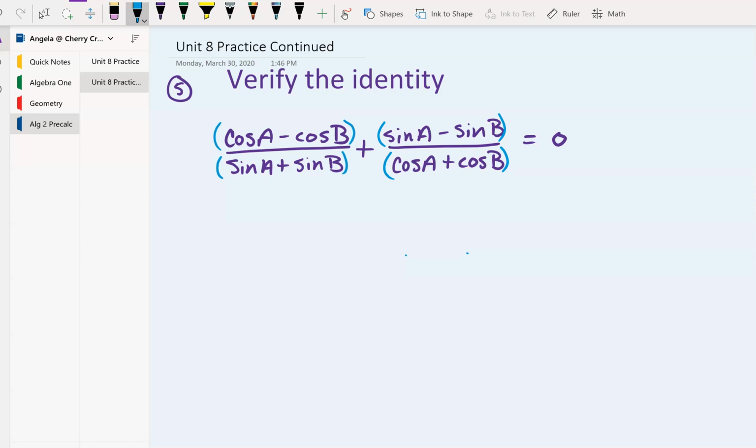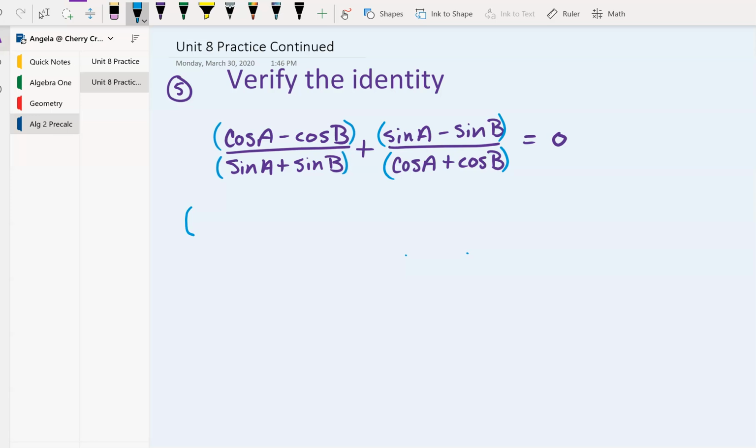Okay, here we go. You saw that I already had these grouped with parentheses, so we are going to get a common denominator, and I'm going to add things together as we go.